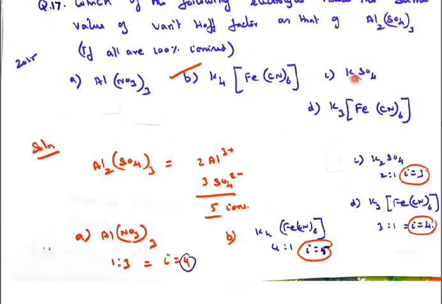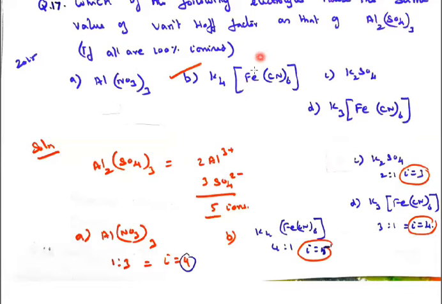For K2SO4, 2 potassium and 1 SO4, that is 2:1, 3. For K3[Fe(CN)6], 3 K+ and the complex anion is only 1, so 3 plus 1 equals 4. So this option is 3, this is 4, this is 4, and only this option is 5, because aluminium sulfate carries 5.